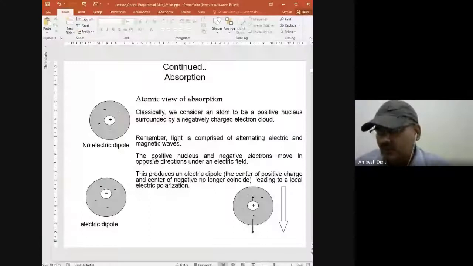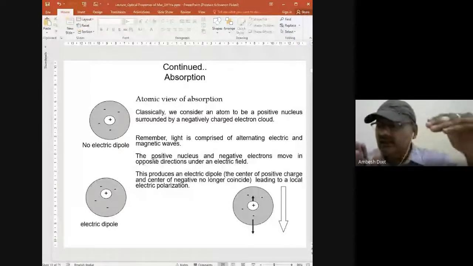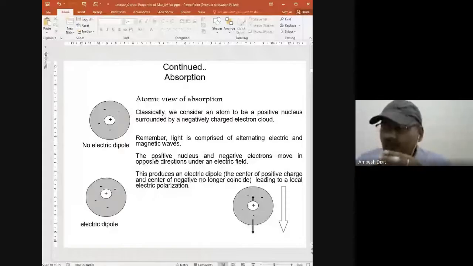Whenever you have an atom, it is very simple. So far, we have considered the entire material, with light falling on it and the signal reflected back or transmitted being collected. Now let us look back: what will happen when you have an atom and light is coming to it? When light is absent, your charge distribution is uniform.